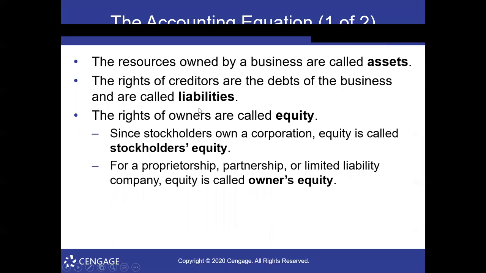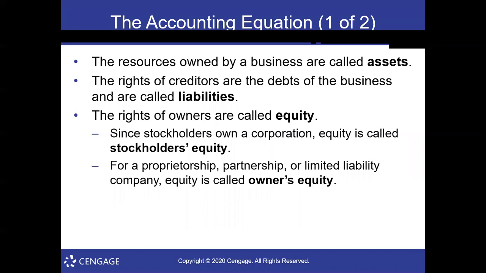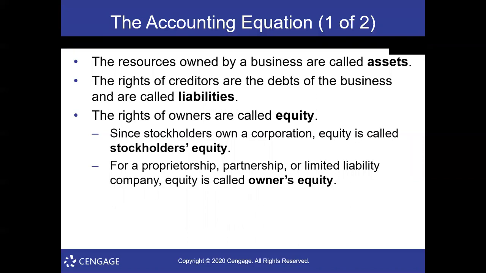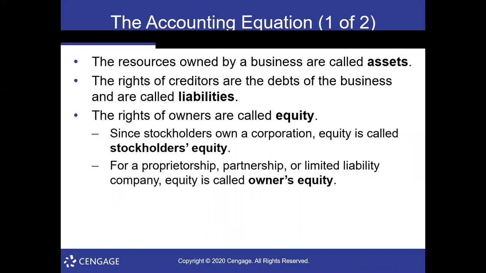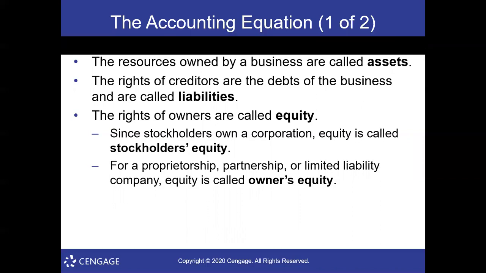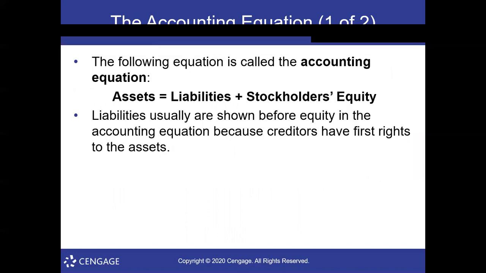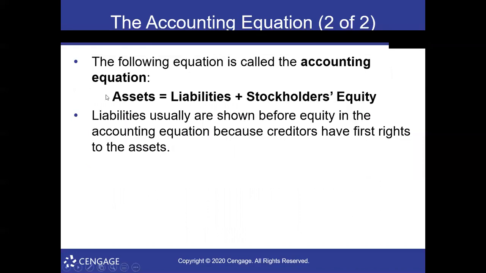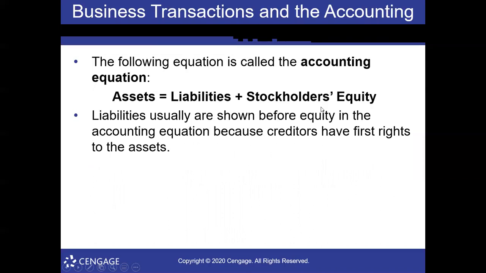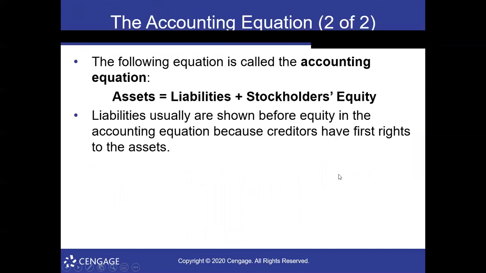So the accounting equation: everything that is owned by a business in order to conduct their business is called an asset. Assets are equal to the debts of the business plus the rights of the ownership. So this is the accounting equation: assets equals liabilities plus stockholders' equity.